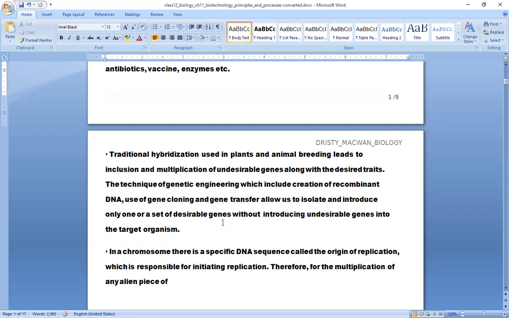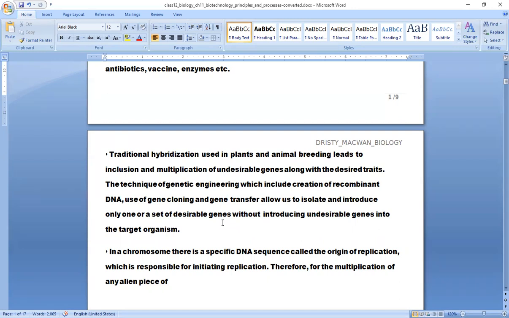How in a pure manner? Because initially, with the traditional hybridization method, it was taking the desirable as well as the undesirable genes. For this reason it took a very long time, and when the multiplication was taking place in the host body, it was very difficult to take out the desired traits.